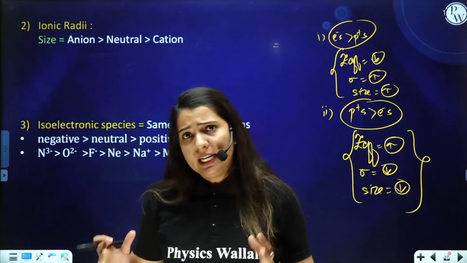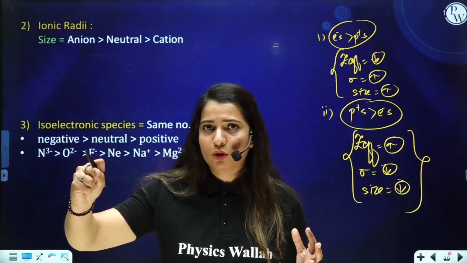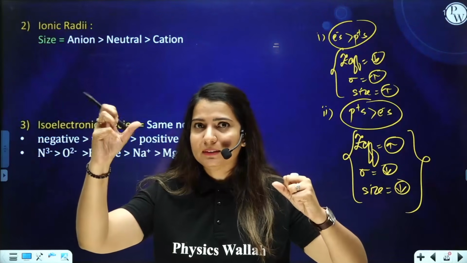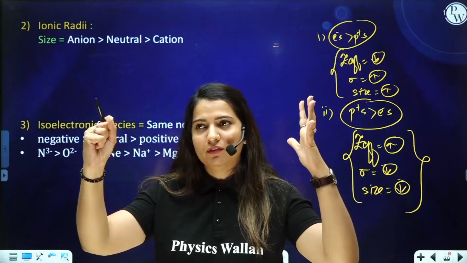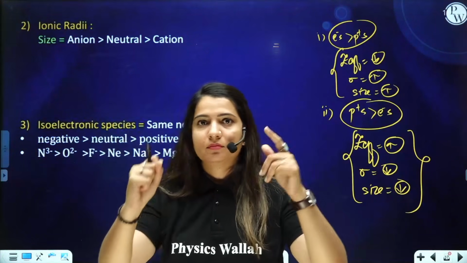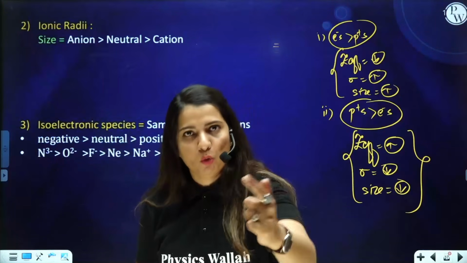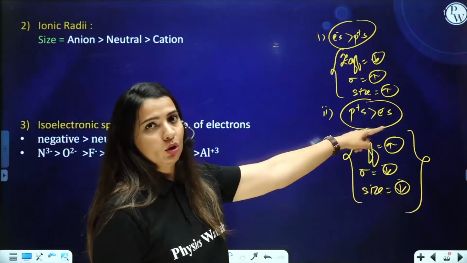Greater the Z effective, greater is the charge experienced by that outermost electron, so it will be attracted more by the nucleus and shifted towards it. So size will decrease. More the Z effective, less is the size. Please remember this. Relate this with the protons and the electrons.